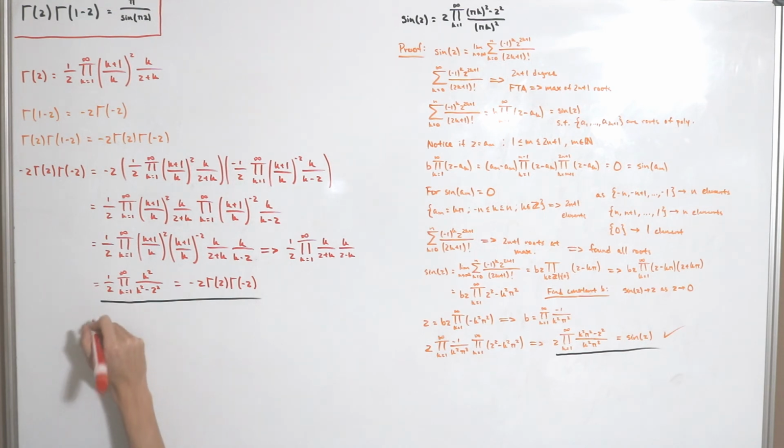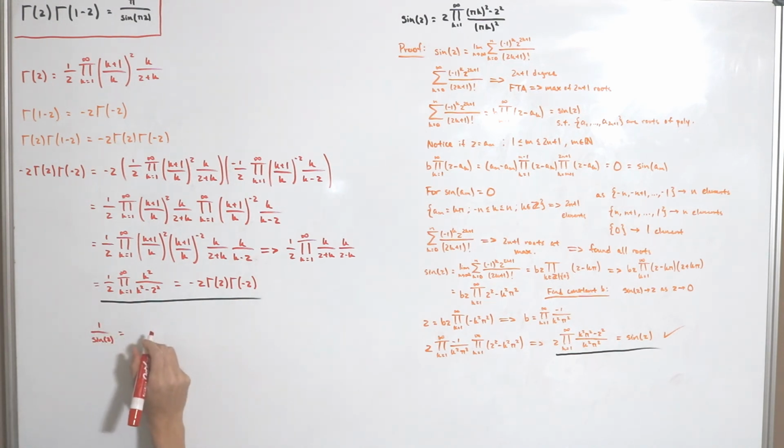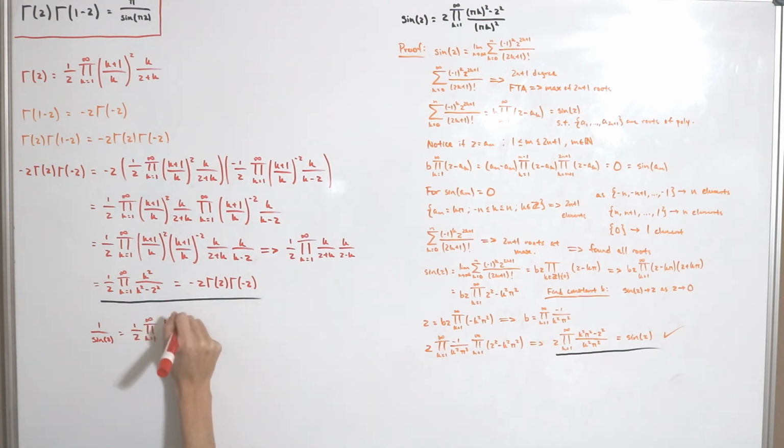So I get 1 over sine of z, and if I take its reciprocal, this will be 1 over z, multiplied by our product from k equals 1 of k squared pi squared divided by k squared pi squared minus z squared.